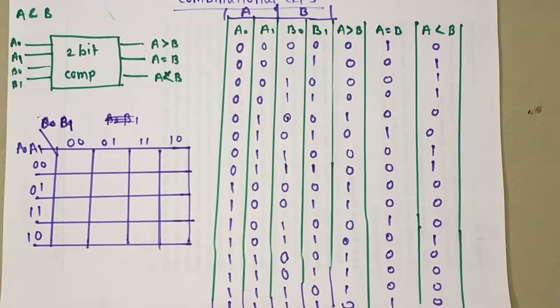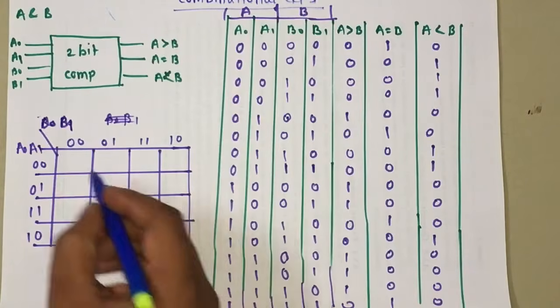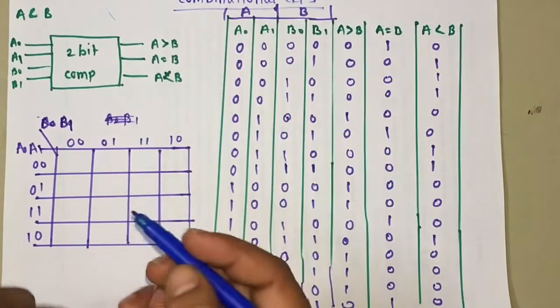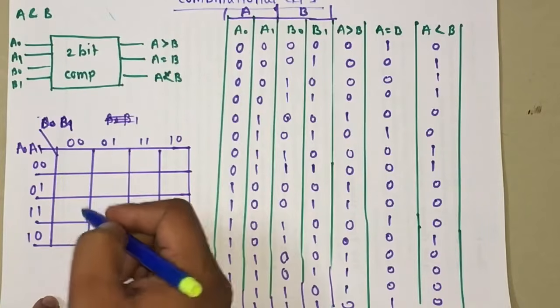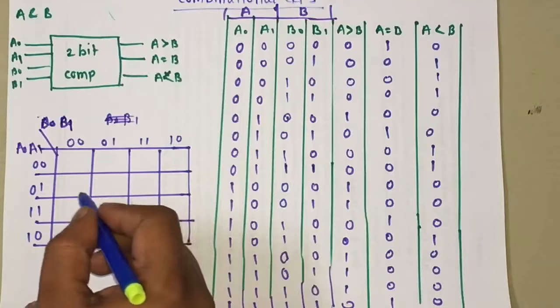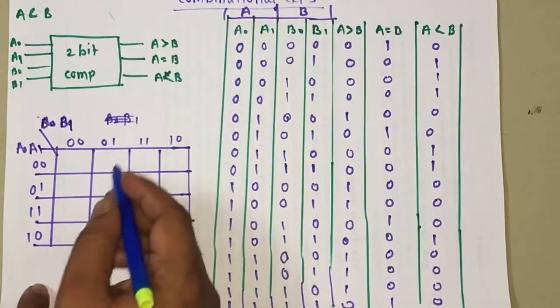Okay, so mention the square boxes using the min terms, because when we take the min terms it is faster to put the values inside your K-map.